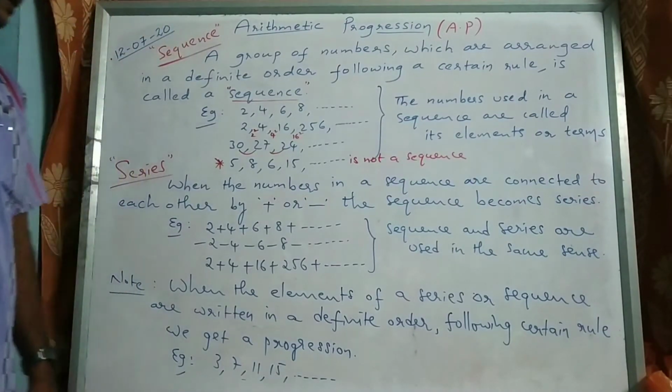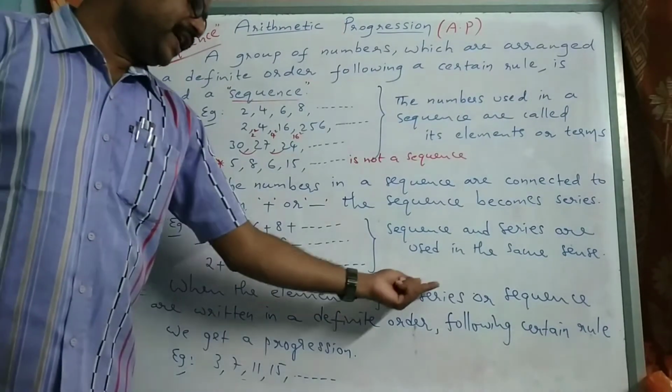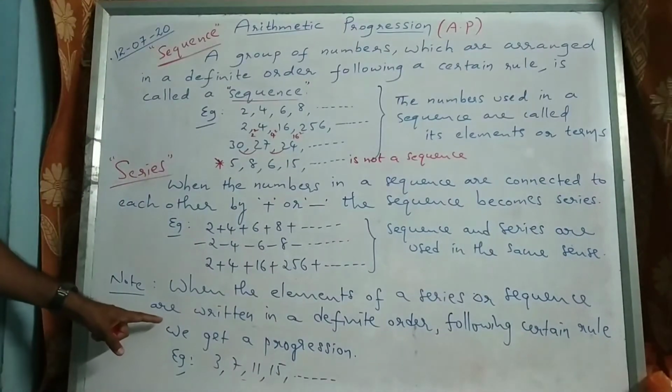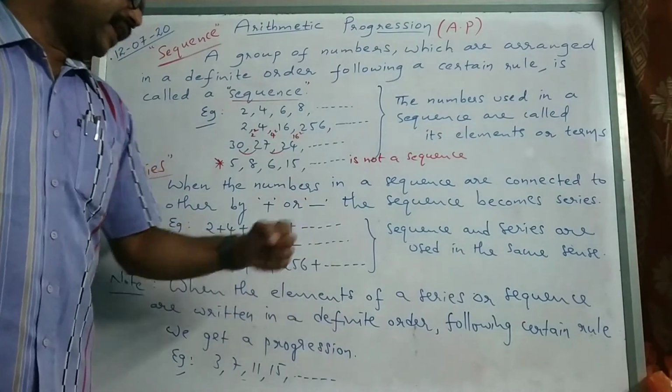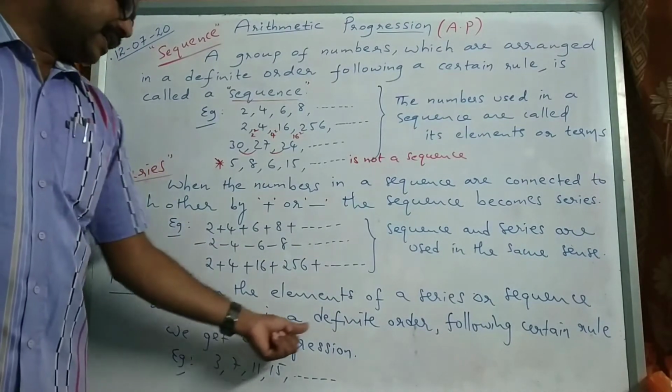Now let us come to our topic. When the elements of a series or sequence are written in a definite order following a certain rule, we get a progression.